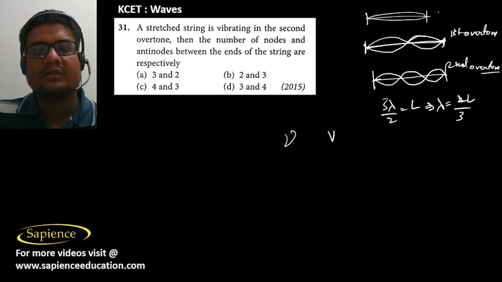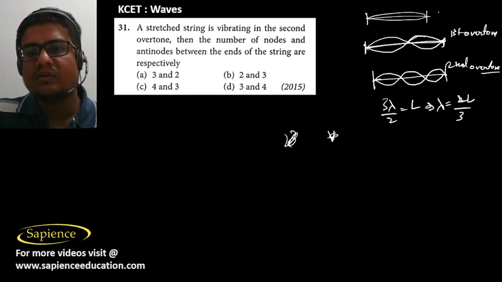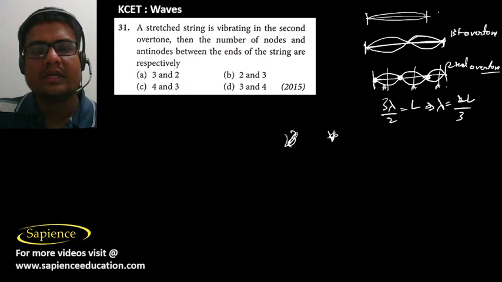Here the string is vibrating in the second overtone, and we are asked the number of nodes and antinodes between the ends of the string. In the second overtone we have 3 antinodes. Between the ends, we should exclude the ends.